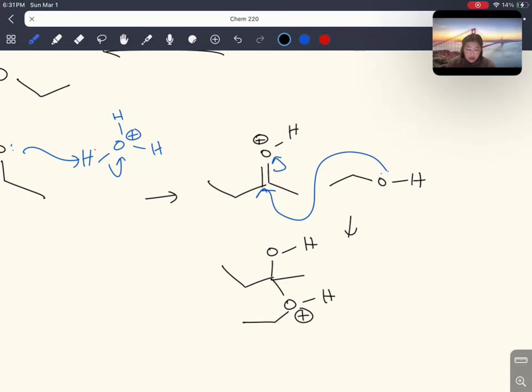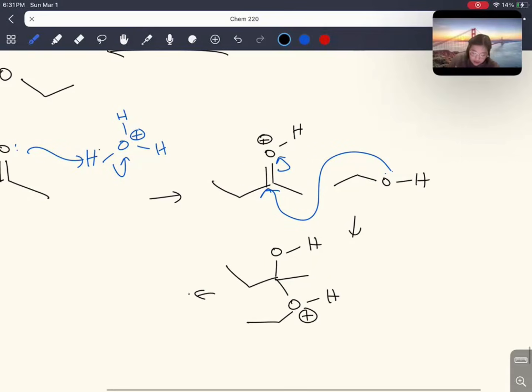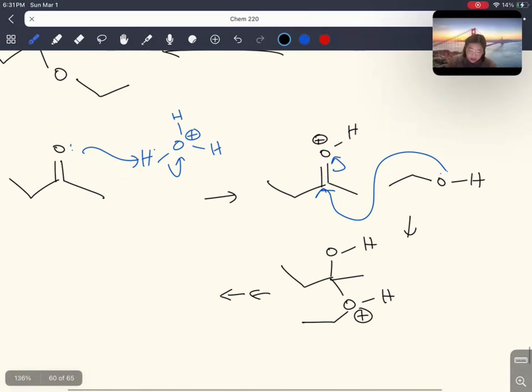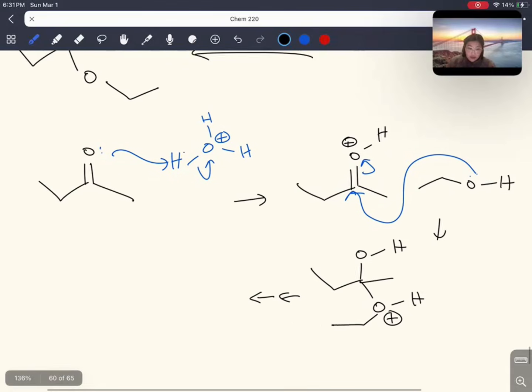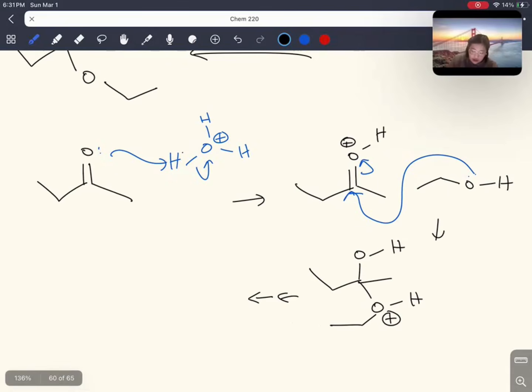I already showed it in the previous mechanism, so I'm just going to fast forward a bit to where you would get the neutral form. So you could get OH and then O. So this would be your hemiacetal, right?